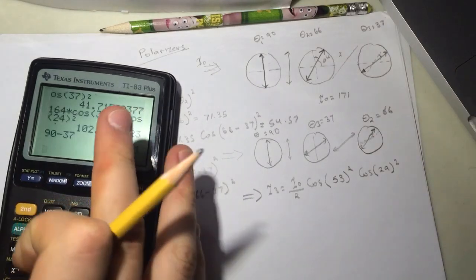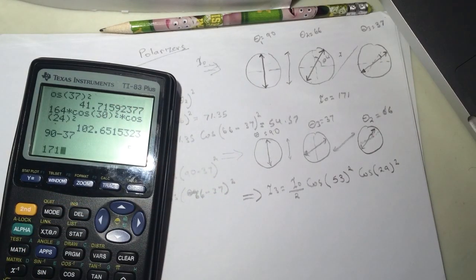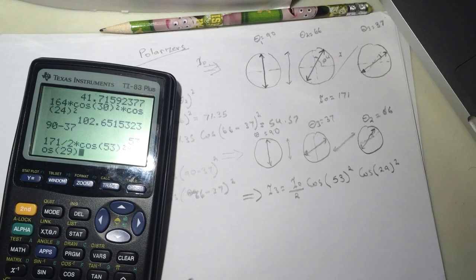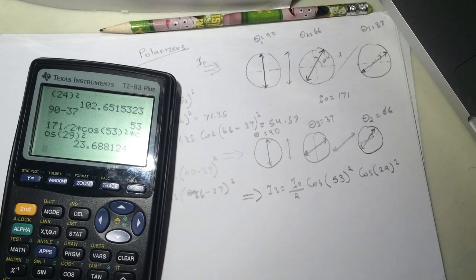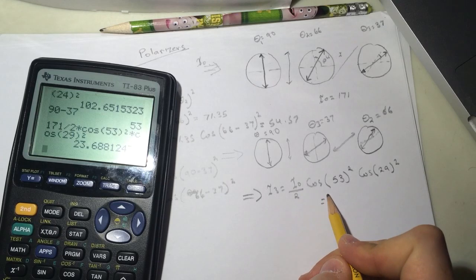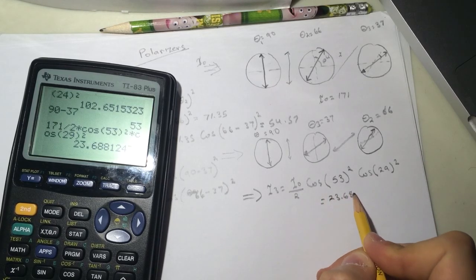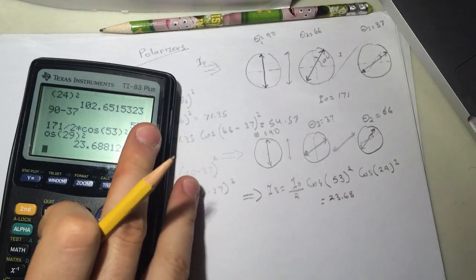Let me make sure: 171 divided by 2 times the cosine of 53, squared, times cosine of 29 squared. My answer is 23.68. Very cool.